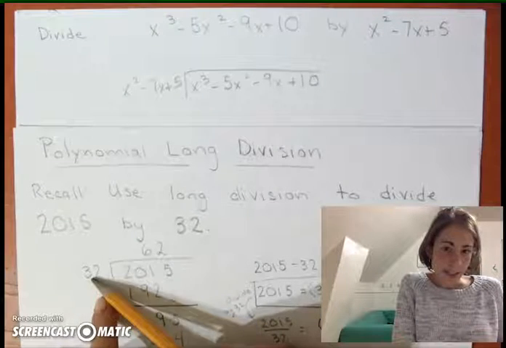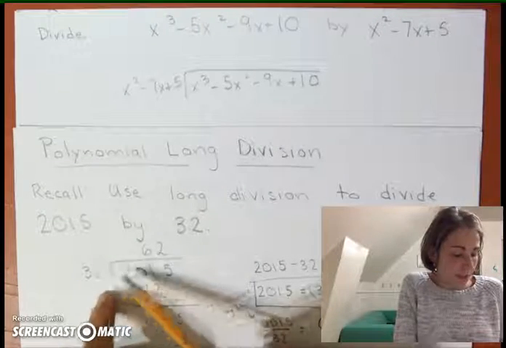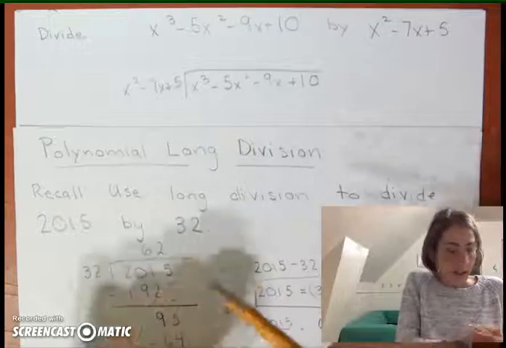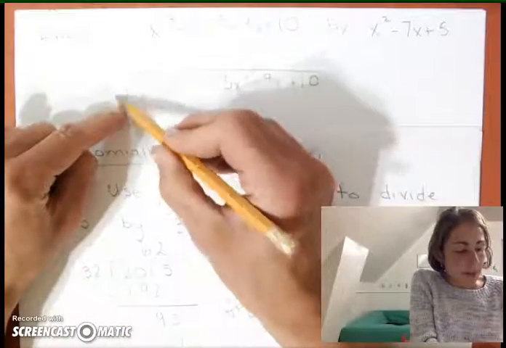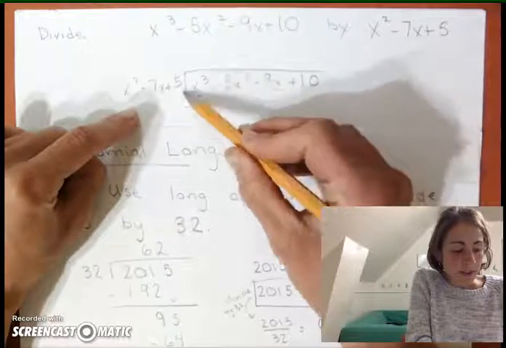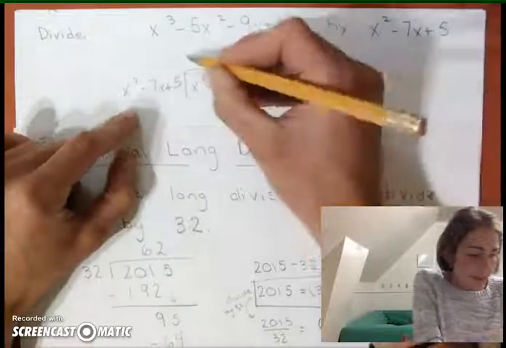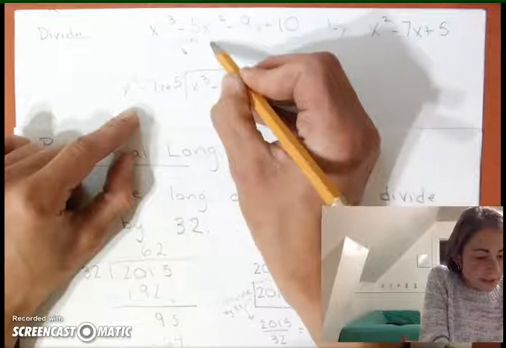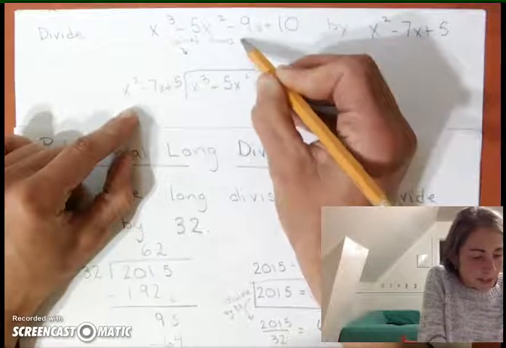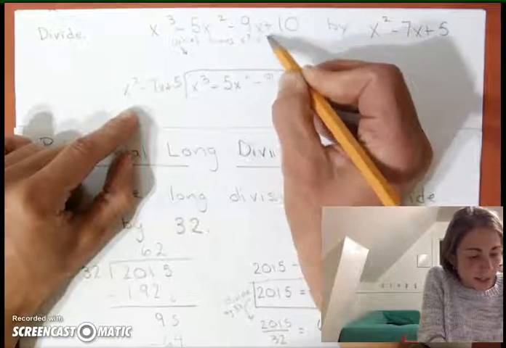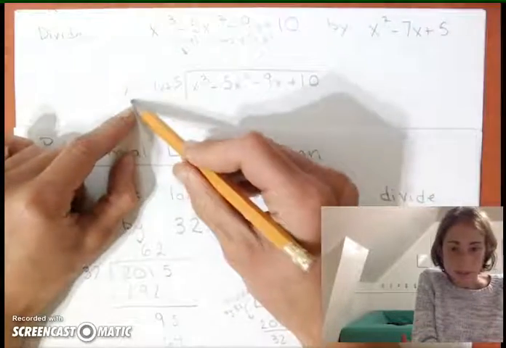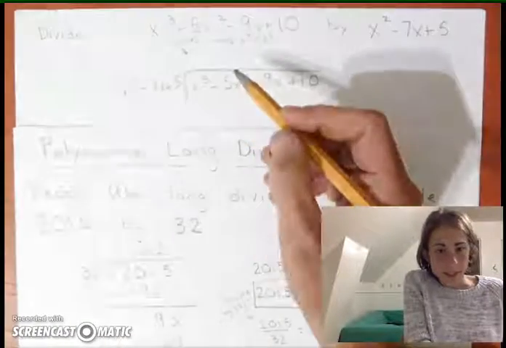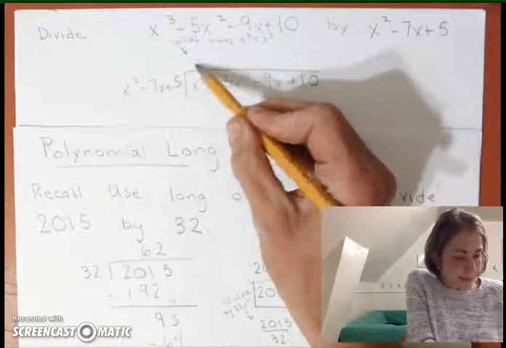The first thing I did here was I looked to see how many times does 32 go into the very first part of 2015. What I want to see here is how many times does x squared go into the first part. So what I put here is what times x squared equals x cubed. So what do I have to multiply x squared by to get x cubed? And the answer to that is x.